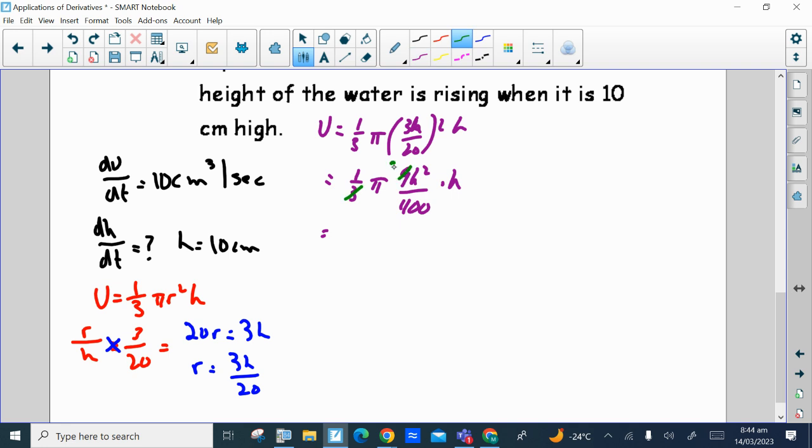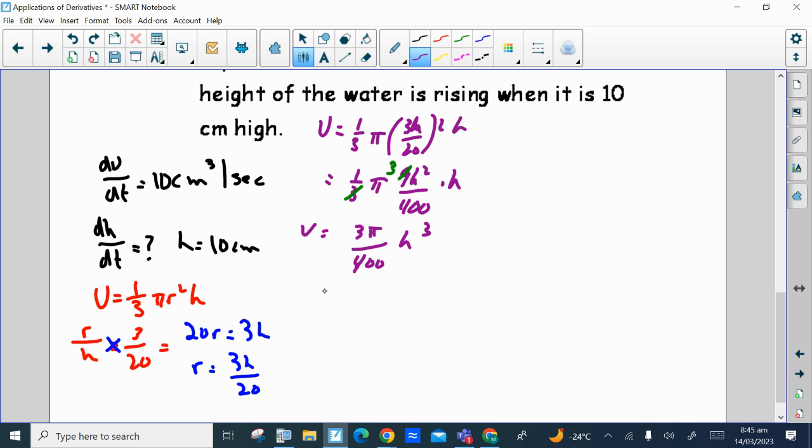The 3 goes into the 9 3 times. So on top, we're going to have 3 pi over 400 h cubed. So we can write that with a coefficient of 3 pi over 400 h cubed. So that's what volume is.